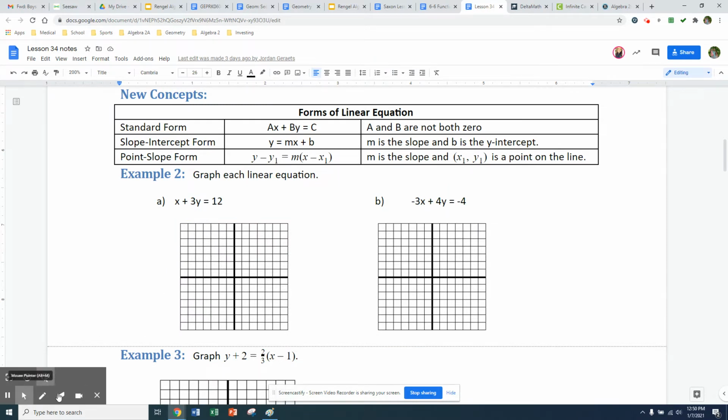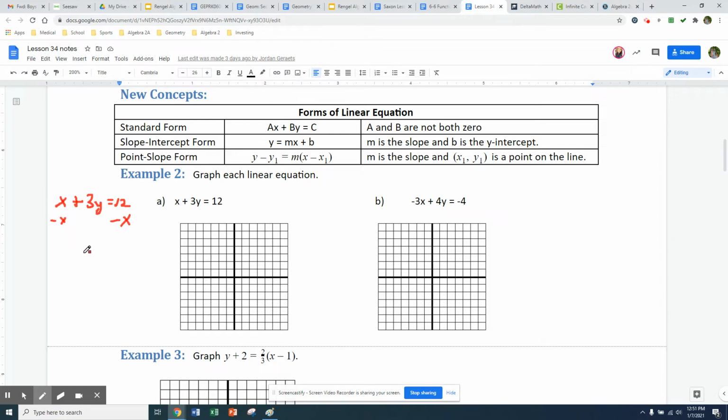In example 2, we are going to practice graphing our linear equations. Both equations are in standard form, so we are first going to change them back into slope-intercept form. To put a line in slope-intercept form, I'm going to solve for y. The process is the same for changing standard form into slope-intercept. We're first going to subtract our x term over.